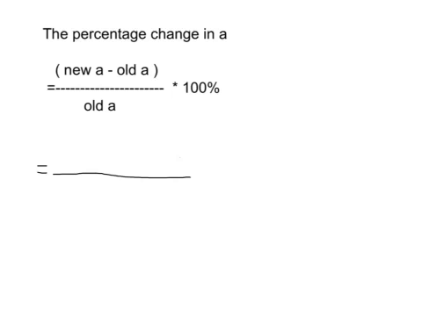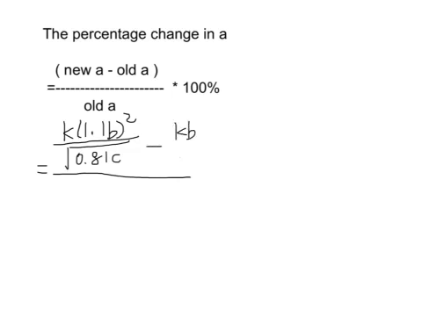Your new A is K times 1.1 B whole squared over the square root of 0.81 C. Remember that? That's your new A. And your old A is just the same old thing.